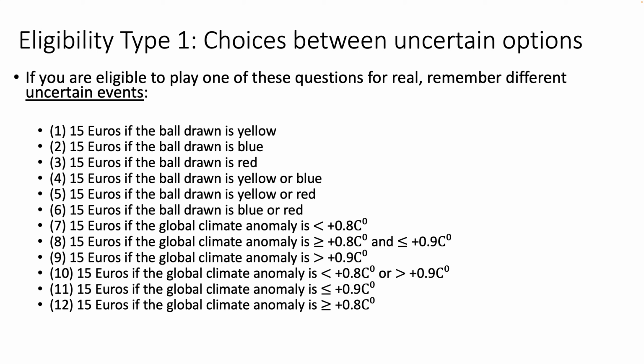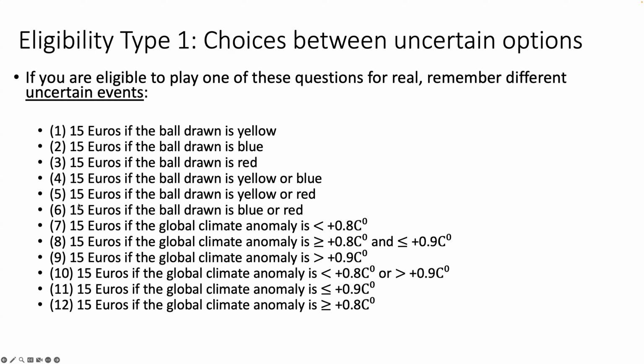They are listed here on the slide. Notice that there were 6 events that concerned the color composition of a box. You didn't know the color composition during the study. And 6 of the events concerned the climate anomaly in May 2023.